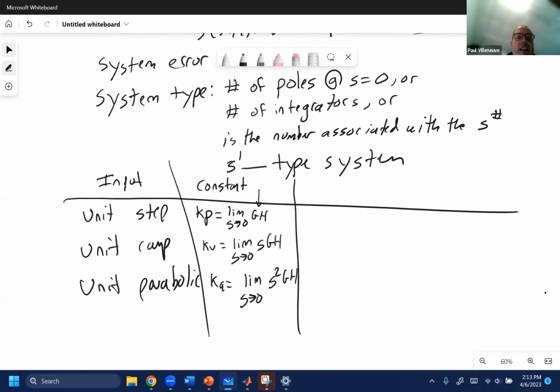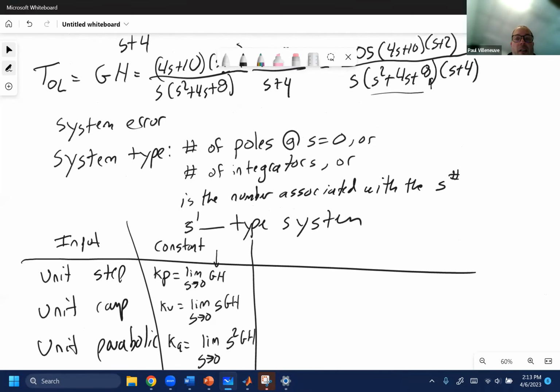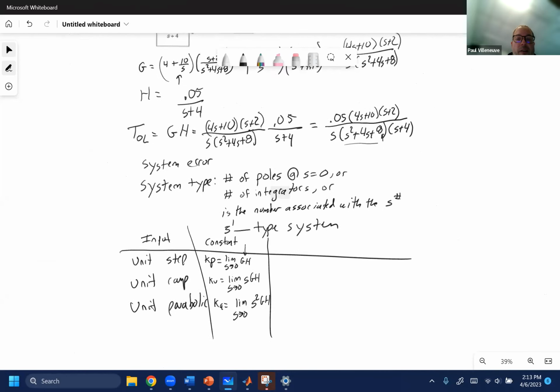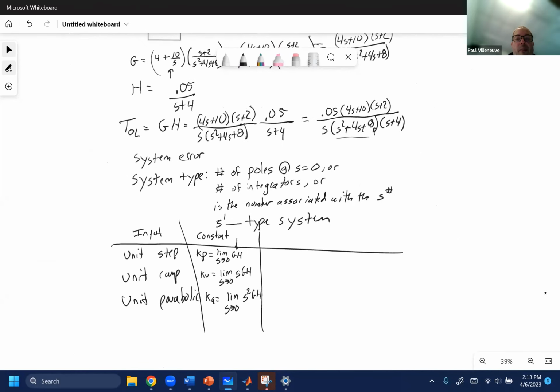So let's take a look at any old system, or we're going to look at this specific system. So let's zoom out a little bit. So I'm going to actually do the full-blown math and see what I end up with. So if I take the K sub P, which is equal to the limit as S approaches 0, G times H, so it's 0.05 times 4S plus 10 times S plus 2 all over S times S squared plus 4S plus 8 times S plus 4.